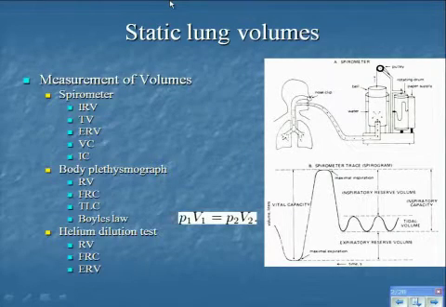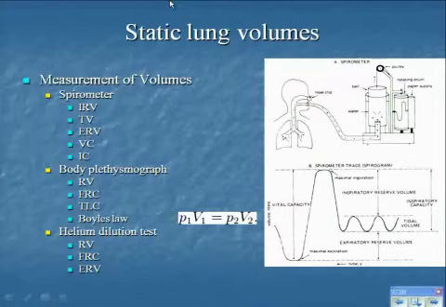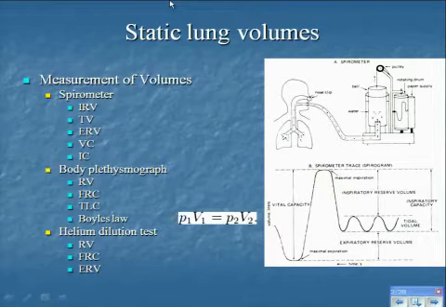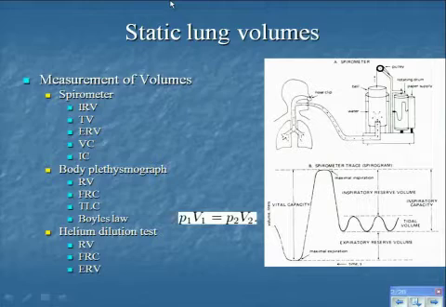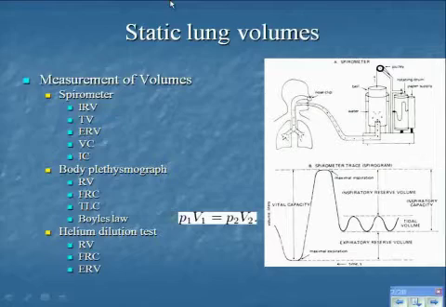If you want to get residual volume, then you have to use a body plethysmogram, or you want to use a helium dilution test. Both of these will give you FRC, and they'll also give you total lung capacity, which is, again, not available with a normal spirometer. Okay? The limitation of the helium dilution test is that for the helium to get to the space to measure it, it must be open to the atmosphere.